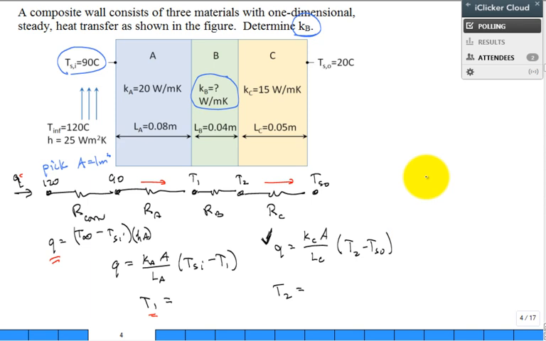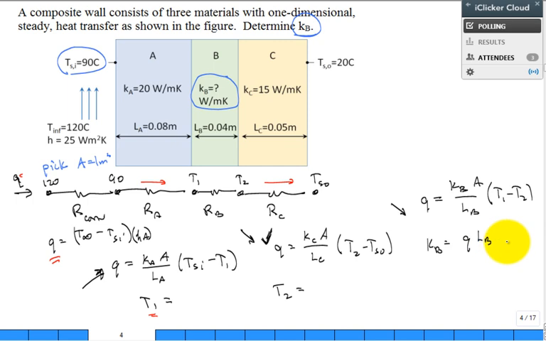Then we focus on the slab B. So this equation was focusing on slab A. This equation was slab C. Now focus on slab B. And what you have is the same Q is equal to KB A divided by L sub B, times T1 minus T2. And finally, KB is equal to Q, L sub B, divided by A, T1 minus T2.